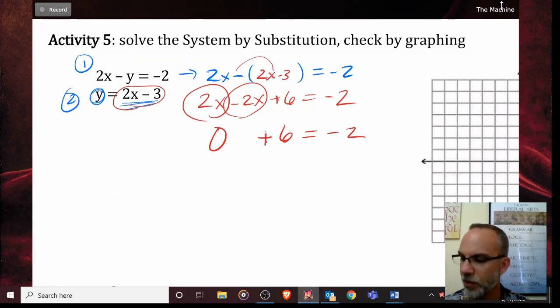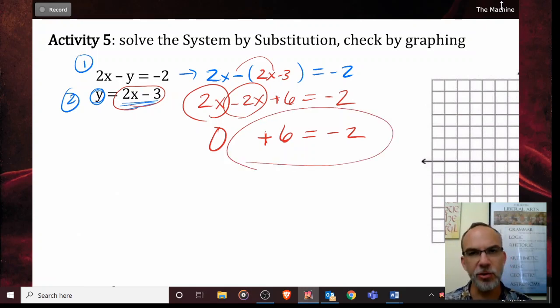Plus 6. There we go. But there's no variable. Is this a true statement? No. This is false. What just happened here? Did I make a mistake? I don't think that I did.